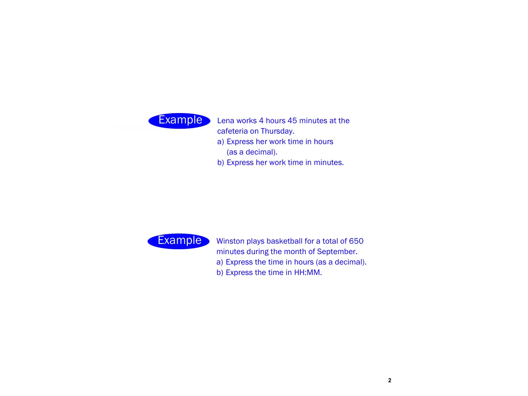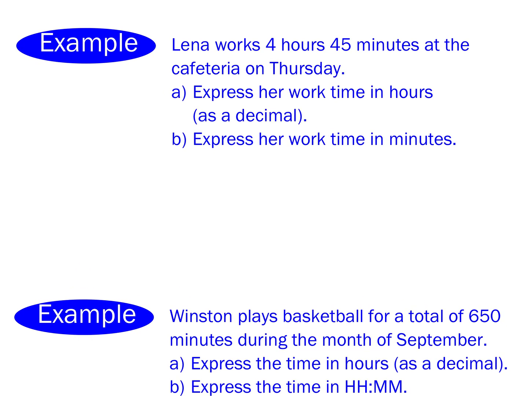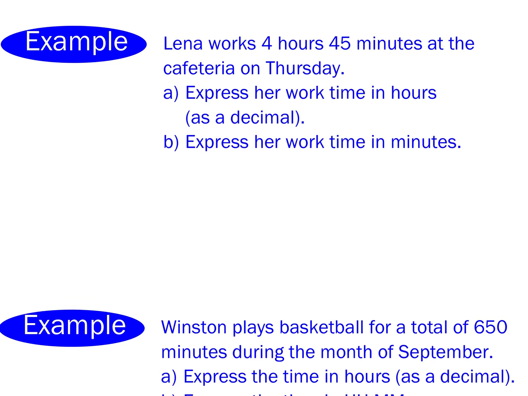All right, let's do some examples here. Lena works 4 hours and 45 minutes at the cafeteria on Thursday. Express her work time in hours as a decimal. Now, just telling you, what you can do with this is we know she works 4 hours and 45 minutes.